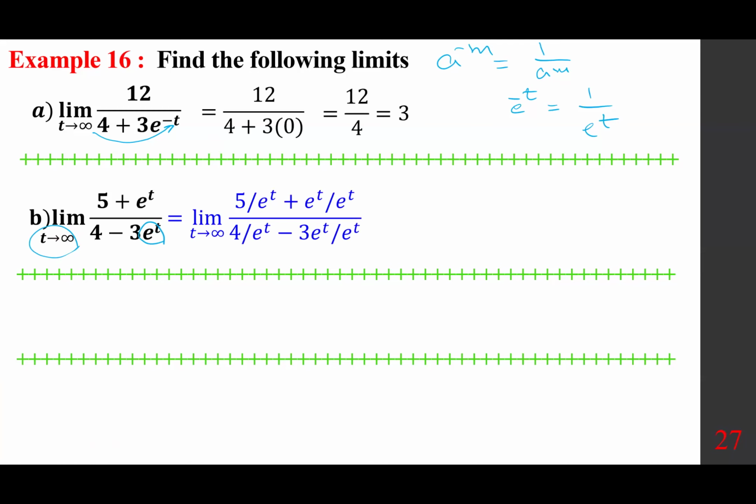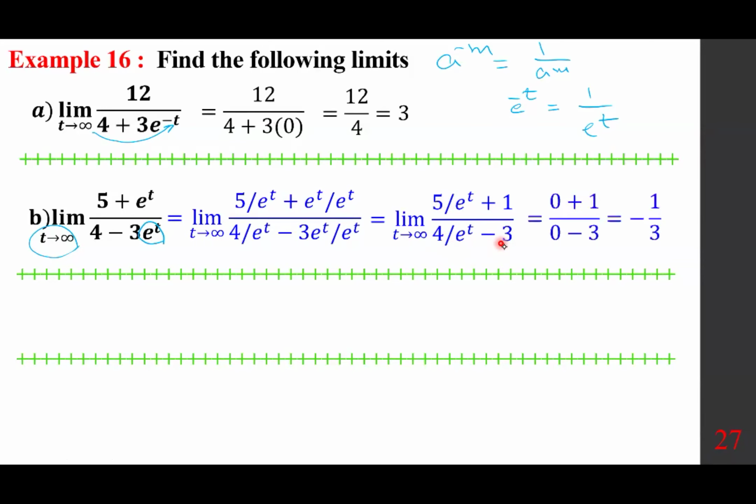When you do that, this remains, this becomes 1, this remains, this becomes -3. Since t goes to infinity, so does e to the power of t. This goes to 0, this because 5 is divided by infinity. This goes to 0, positive 1 over -3 gives us -1/3 as the final answer.